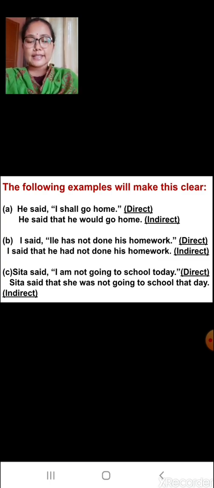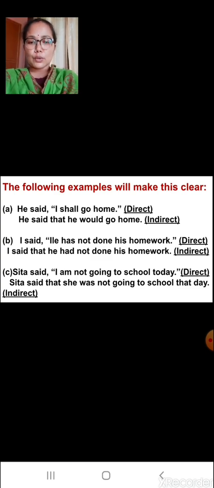The second example is here. I said, "He has not done his homework." Now again this is direct speech. And the same sentence, how we will write in indirect speech, you can see here. I said that he had not done his homework.